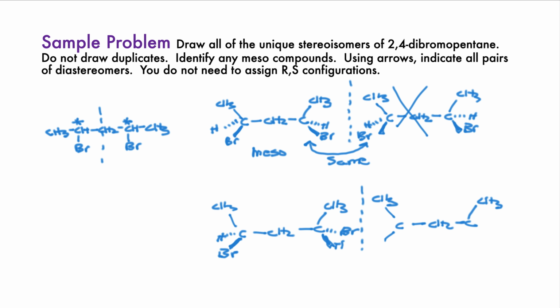The carbon closest to the mirror, we will put the hydrogen forward, the bromine back, and on the carbon farthest from the mirror, we'll put the bromine forward and the hydrogen back. Now these are non-superimposable mirror images of each other, which means they are truly enantiomers of each other.